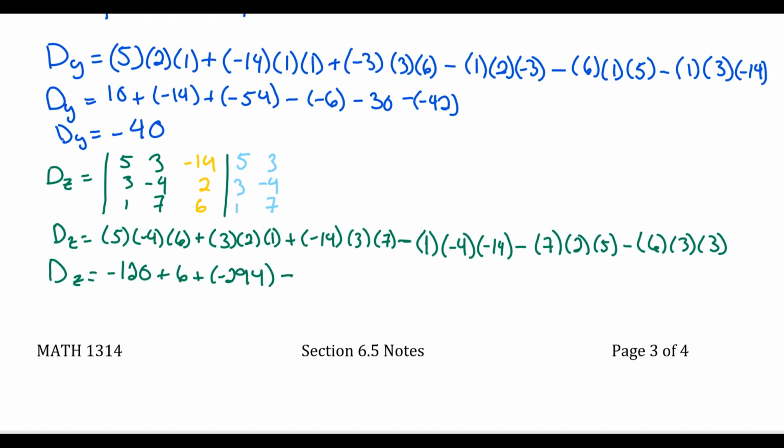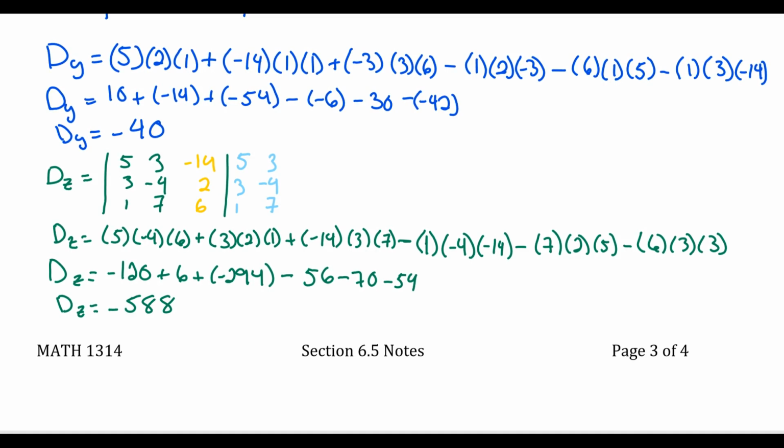Minus 1 times -4 is -4. -4 times a -14 is going to give me a +56. Minus 7 times 2 is 14. 14 times 5 is 70. Minus 6 times 3 is 18. 18 times 3 is 54. So I'm going to add all of those up, and I get a -588.